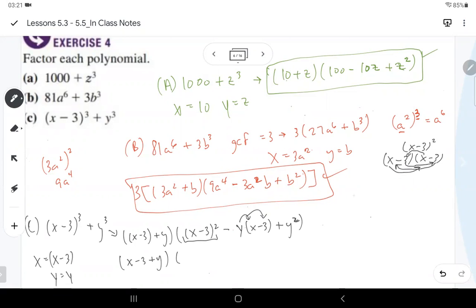So we'll get x squared minus 3x, minus 3x, plus 9. We'll put it back in the problem now. That'll give us x squared minus 6x plus 9. We'll distribute and we'll get minus xy plus 3y plus y squared.